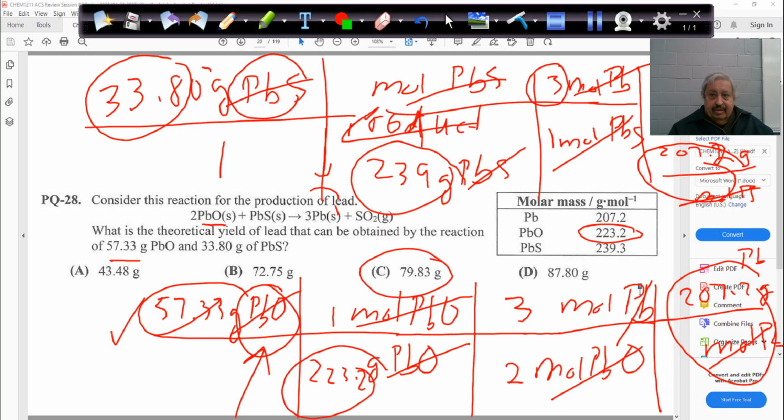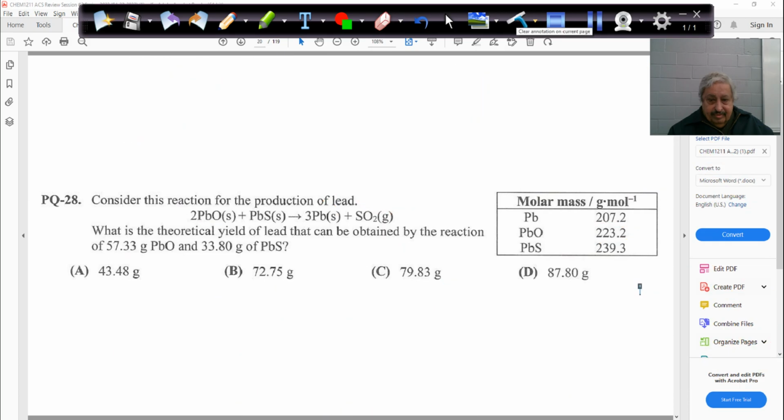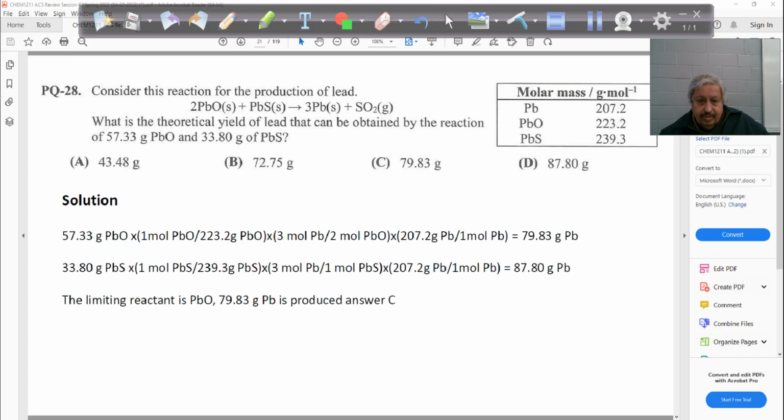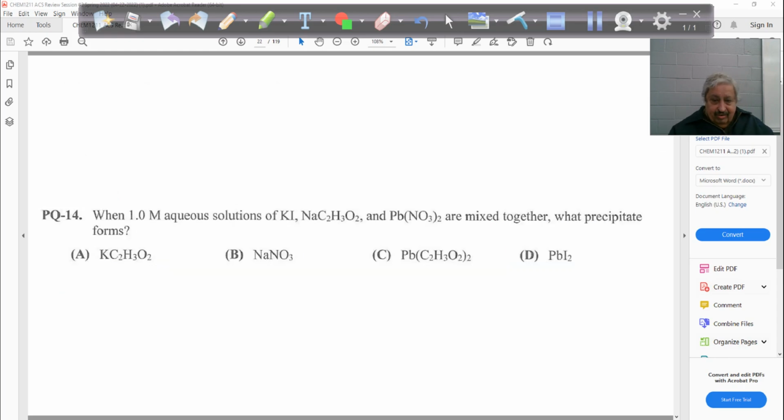So it's C. Let's see if we have it correct. The answer is C, correct. Perfect. So I think I will pass.